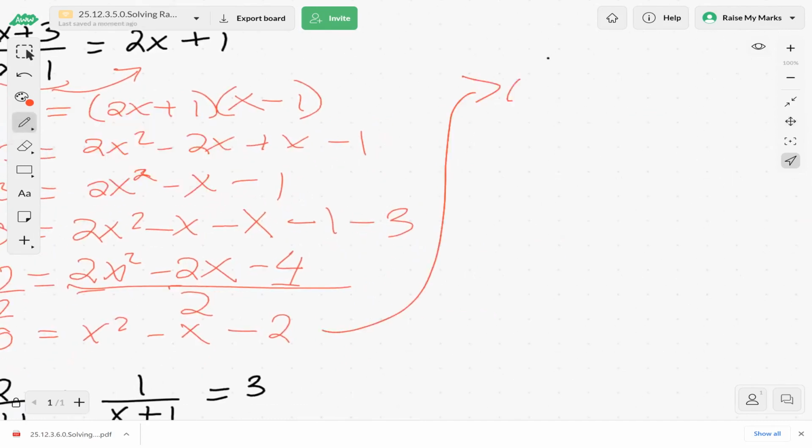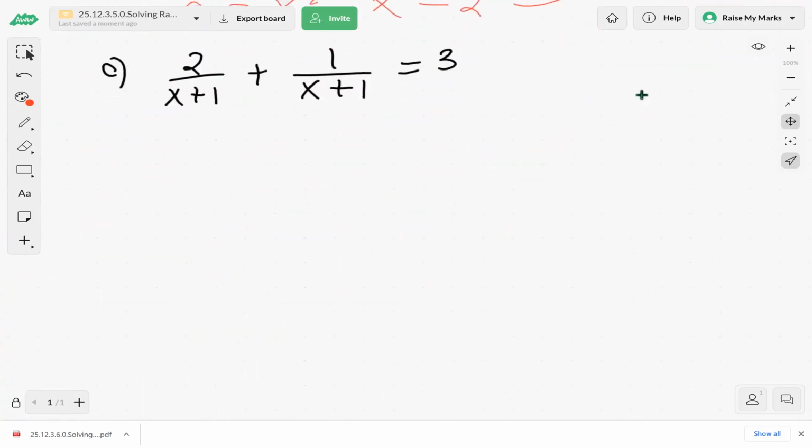We're actually able to factor this quite nicely as x minus 2 times x plus 1. So then, solving for when this equals 0, x equals 2, or x equals negative 1 is our answer. Good. Okay, so let's look at the next one.